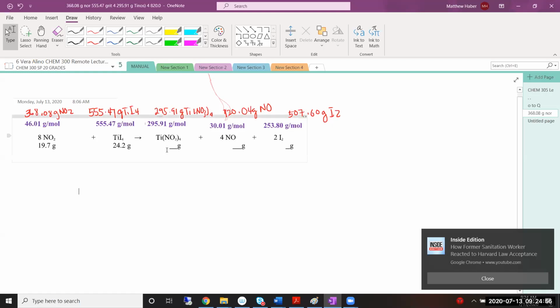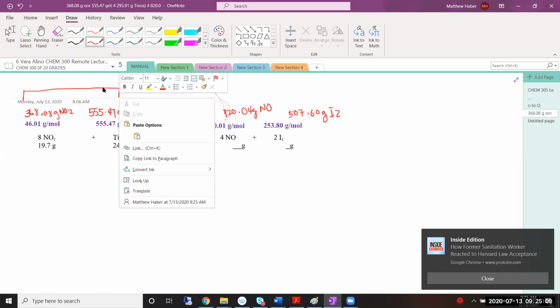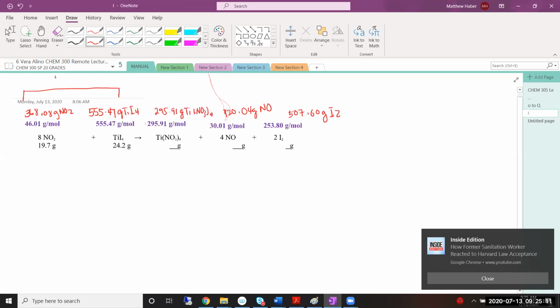Now, if you notice, the mass coming in must be equal to the mass coming out. And so if I add these two reactants, 368 plus 555, that gives me a value of 923.55 grams of total masses coming in.